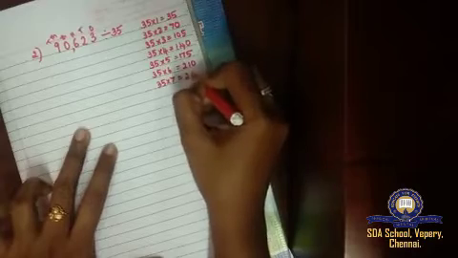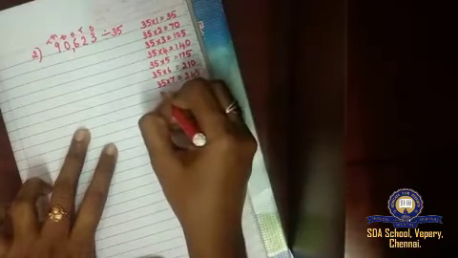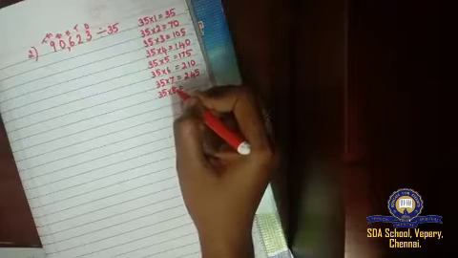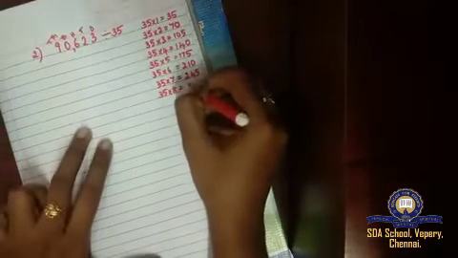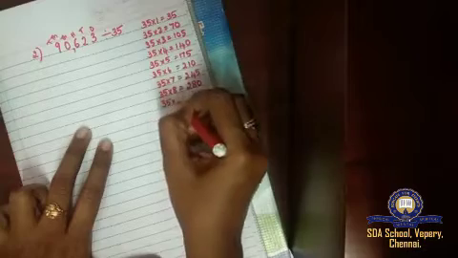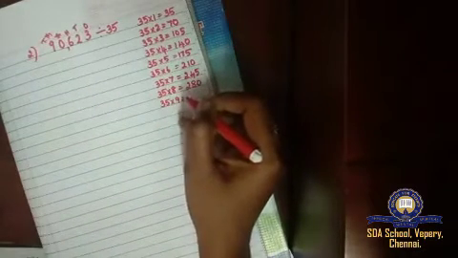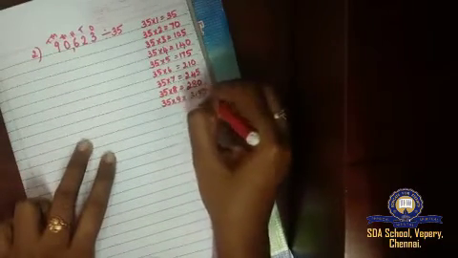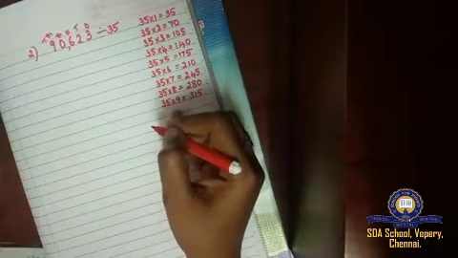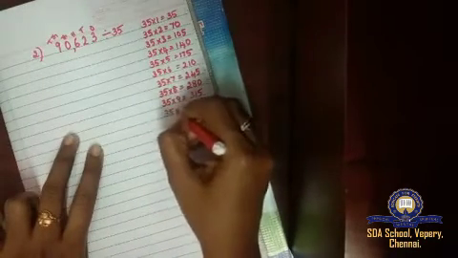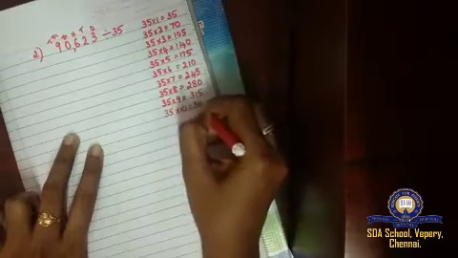Next, 35 fives are 175. Next, 35 sixes are 210. Next, 35 sevens are 245.